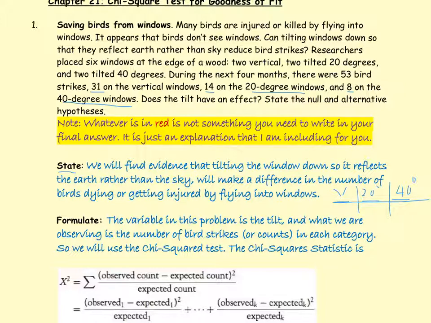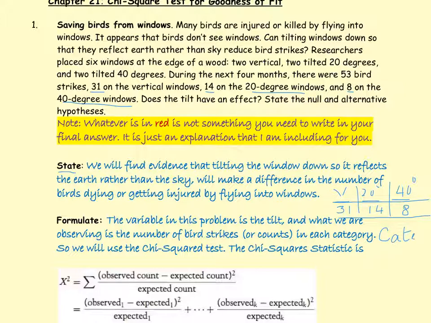We are given 31 bird strikes on the vertical window, 14 bird strikes in the 20-degree window, and 8 bird strikes in the 40-degree window. So we're given the variable, which is the type of window, in the first row, and the number of strikes or counts in the second row. So this is a variable that is clearly categorical.